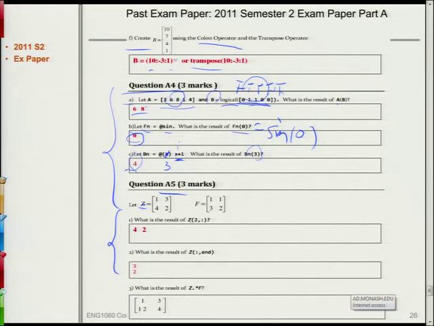So the first question is asking you Z(2,:). Okay, that means this first index means the row number. So you go to the second row, and then the colon means all columns. Okay, second row, all columns, that means 4 and 2.